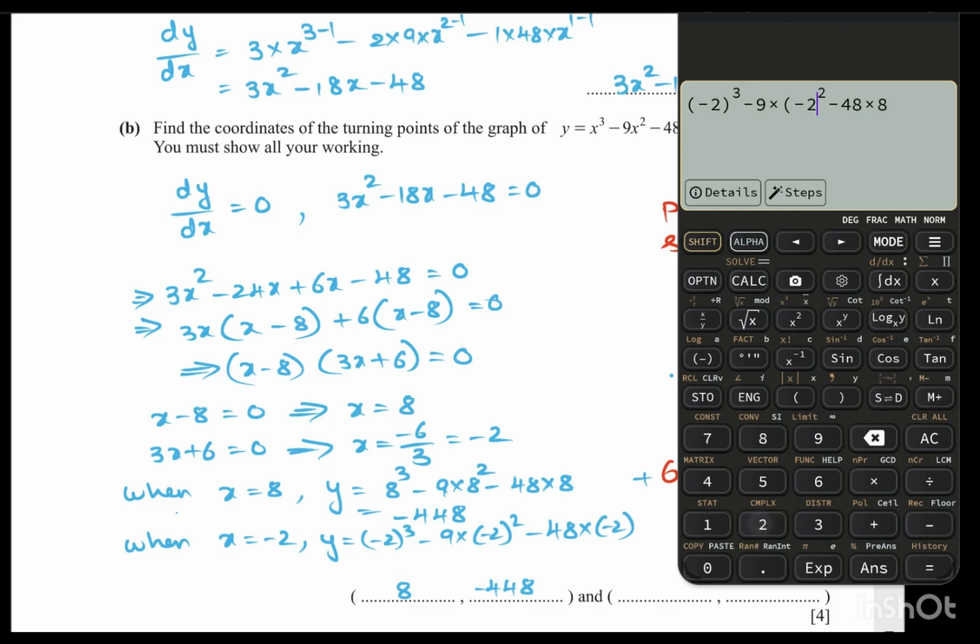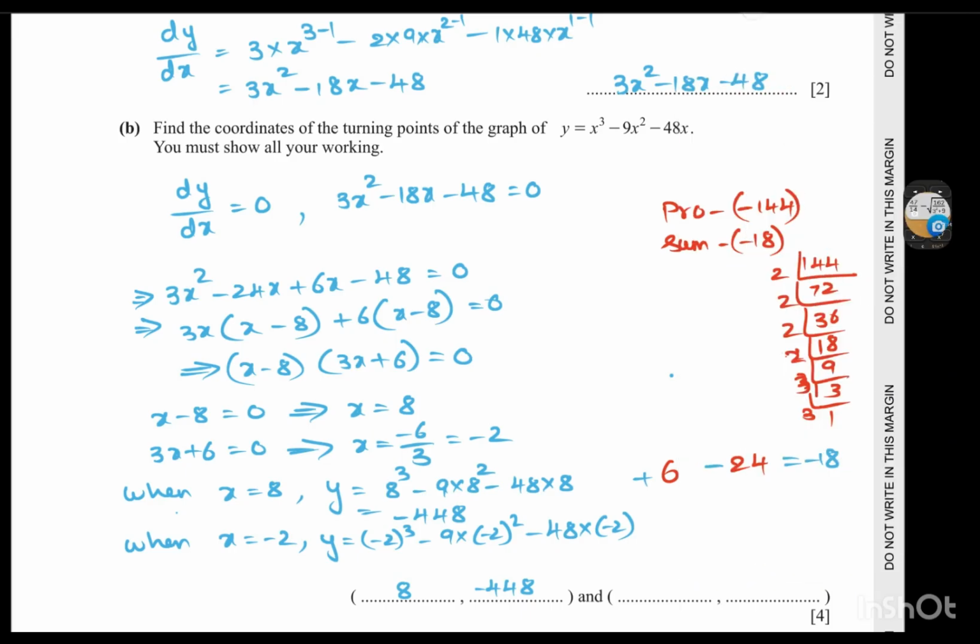Bracket negative 2, close the bracket. x cube minus 9x square minus 48x. The answer is 52. So when x is minus 2, y is 52. These are the two turning points.